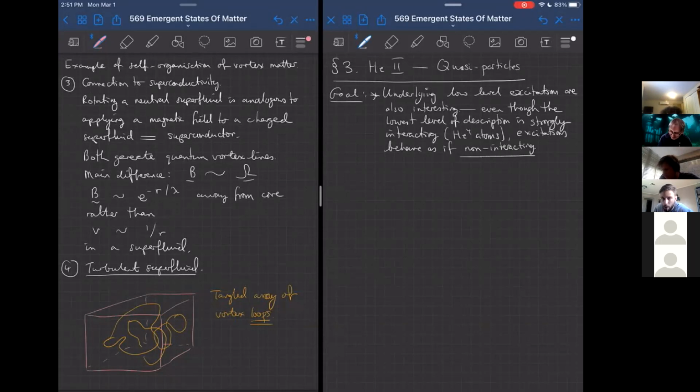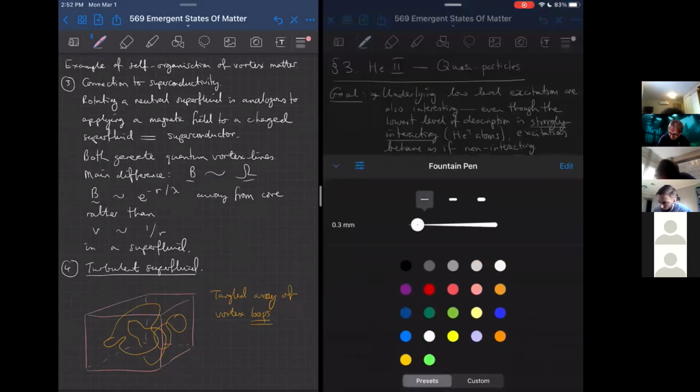And this is an extremely important concept in condensed matter physics at all scales, whether it be at the scale of quantum fields or nuclear matter or electronic matter or cold atoms. The idea that you can simplify a strongly interacting system into some effectively weakly interacting modes that, although they are weakly interacting, have some phenomenological parameters which are controlled by the interactions themselves. So you don't get something for nothing.